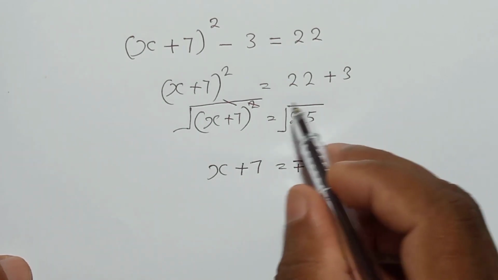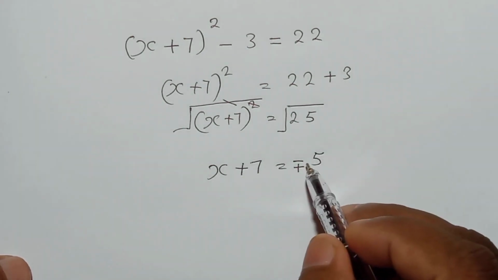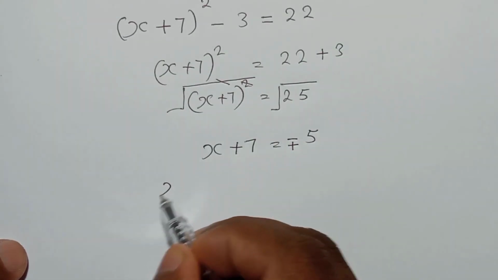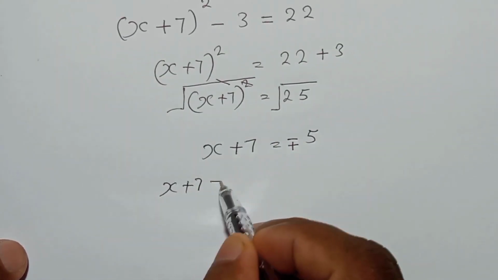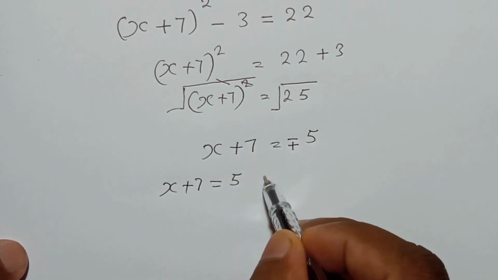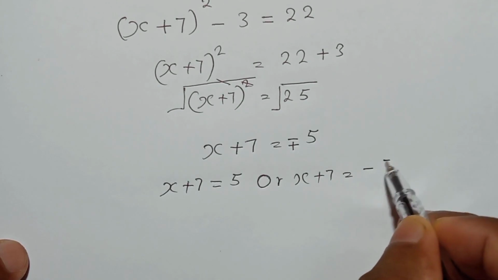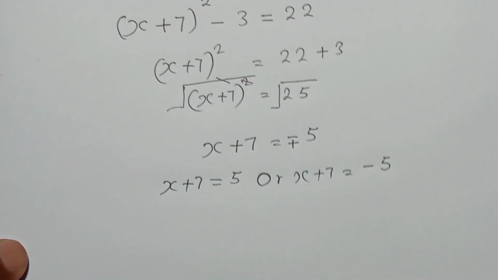So that's why for the square root of 25, you need to think plus or minus 5. Okay, now we can write x + 7 = +5, or x + 7 = -5, right? That's what we have to answer now here.